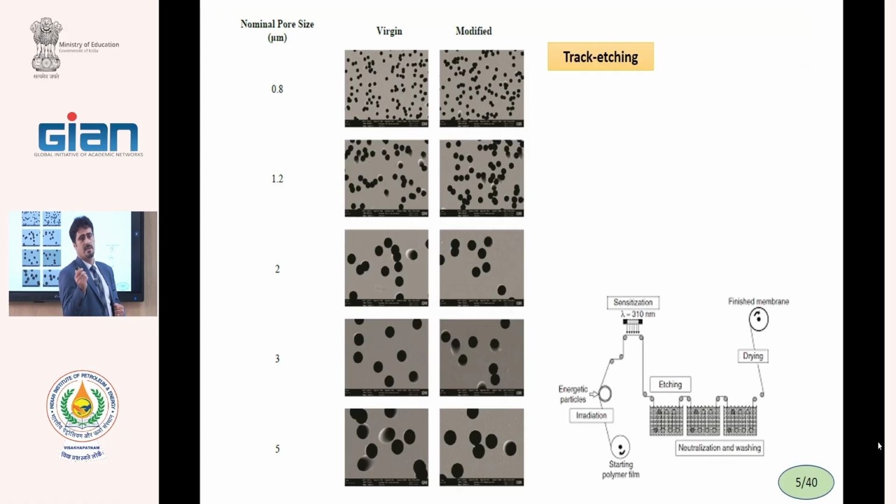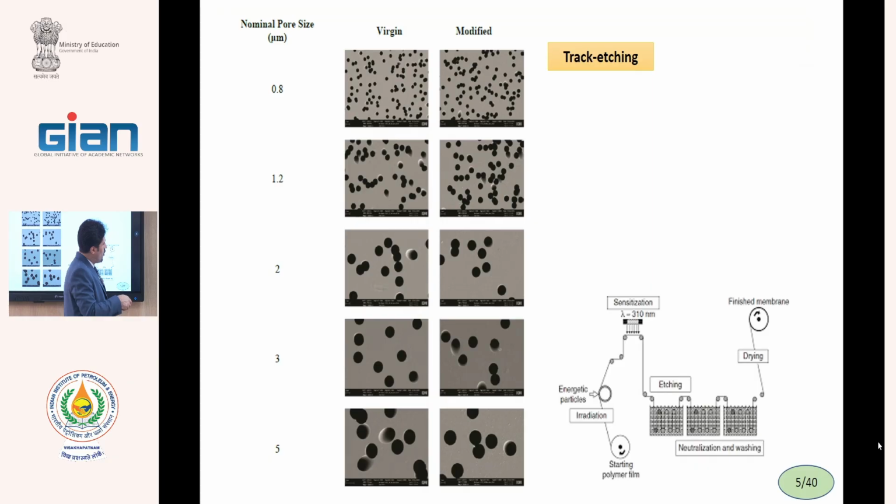The previous day, I said that a similar pore size is good for separation and fouling. In these membranes, we usually have a similar pore size, but you see that in some cases the irradiation spots are close together and cause some big pores.